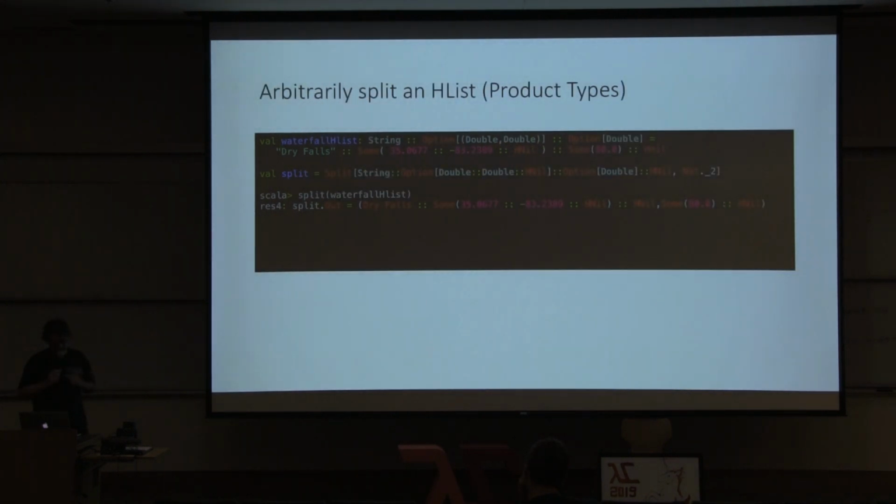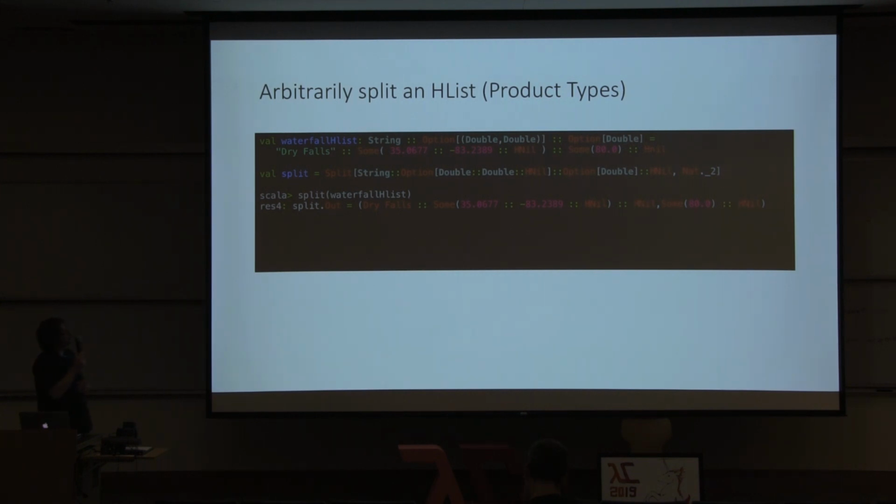And then it actually allows us to arbitrarily split an HList. And this is not only at the implementation level, but actually also at the type level. It'll actually keep track of all our types for us.